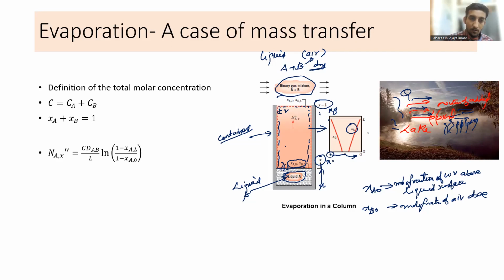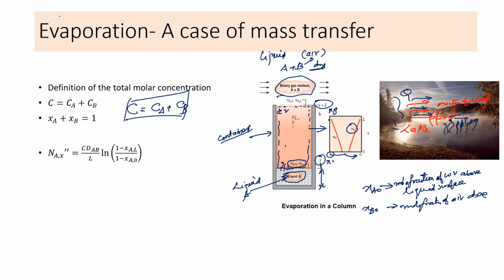Okay, so the total concentration can be expressed as the sum of Ca plus Cb.